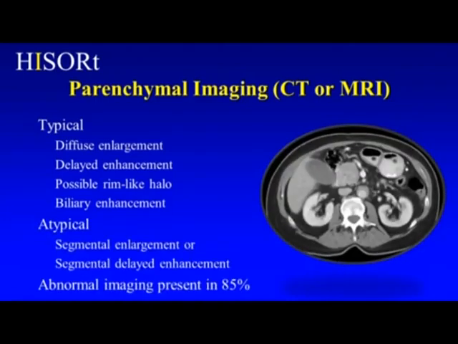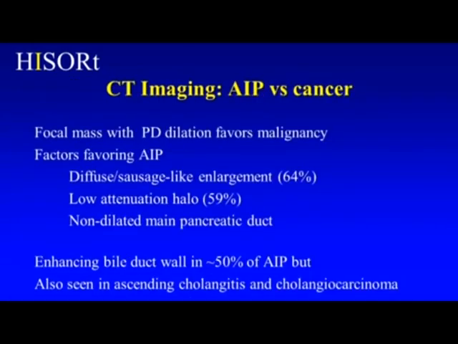Sometimes you can get biliary duct wall enhancement, which you see here. Atypical features would include segmental enlargement or segmental delayed enhancement, which again needs to raise your index of suspicion for malignancy. And then I'll point out that abnormal imaging is present in about 85% of patients with autoimmune pancreatitis.